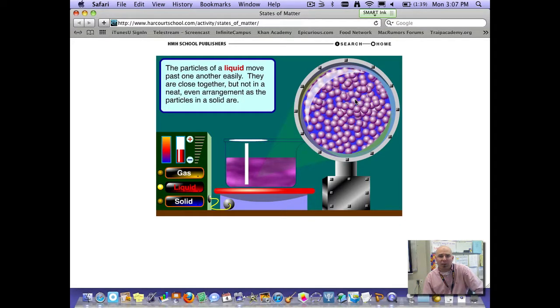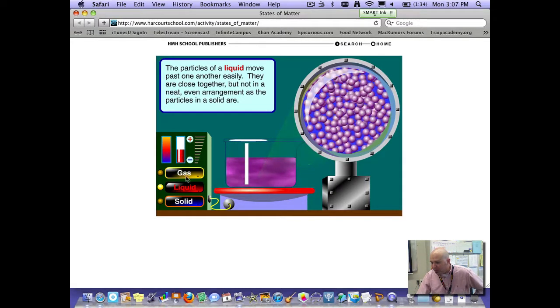We're going to get into more detail as we go through this unit, but this basically allows for flow. You can pour liquids; the molecules can tumble past each other. Depending on how easily they can move past each other, you might have different viscosities. Viscosity is a term we're going to be looking at shortly, but a higher viscosity substance would not allow as much flow as something that's less viscous.